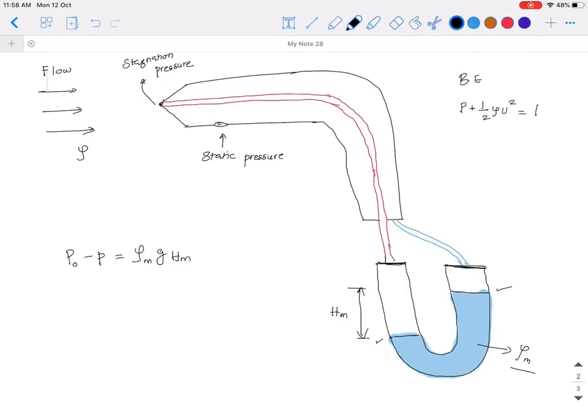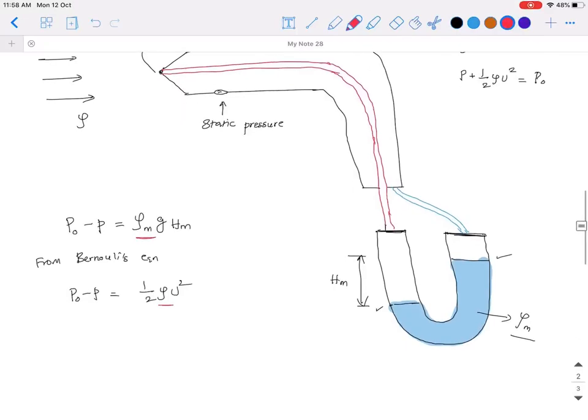From Bernoulli's equation we know that P plus half rho u square is P0. So P0 minus P is half rho u square. This rho is the density of the flowing fluid, and rho m is the density of the manometric liquid.